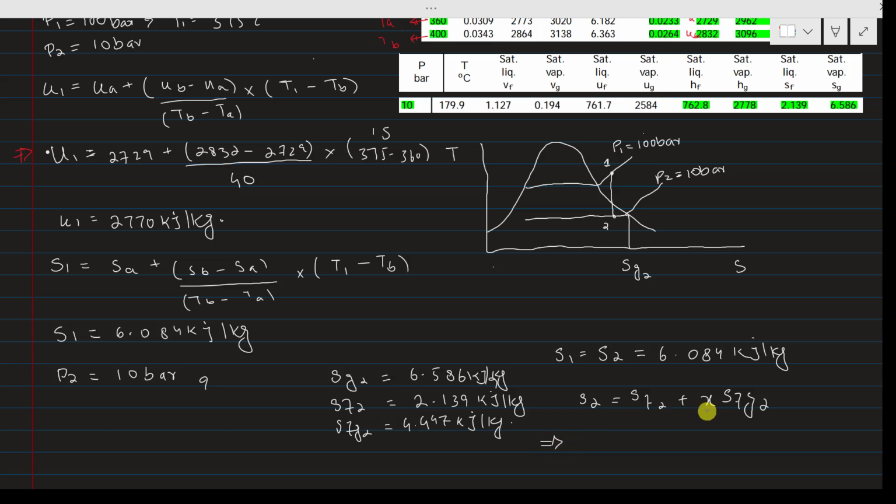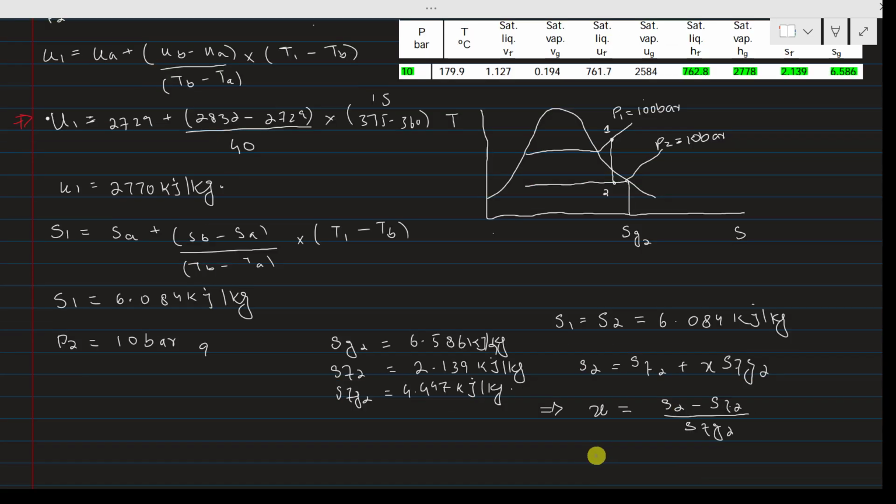To find the dryness fraction, write the expression x equals S2 minus Sf2 divided by Sfg2. Now simply put in the values.